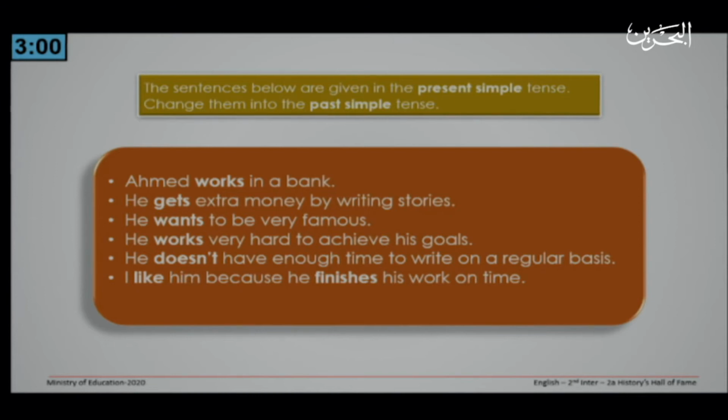Number 3, he wants to be very famous. Number 4, he works very hard to achieve his goals. Number 5, he doesn't have enough time to write on a regular basis. And the last one, I like him because he finishes his work on time.